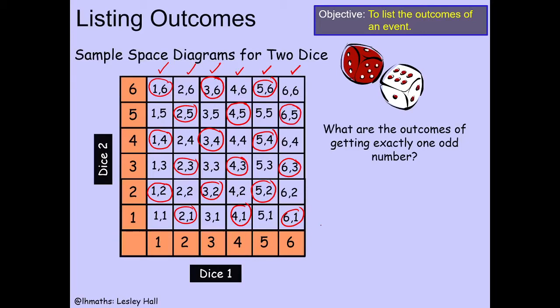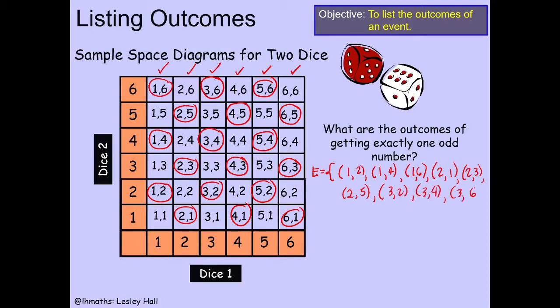So writing this as a sample space, I'm going to be having the letter E is equal to, we have 1, 2. We have 1, 4. We have 1, 6. We have 2, 1. We have 2, 3. We have 2, 5. Then we have 3, 2. We have 3, 4. We have 3, 6.